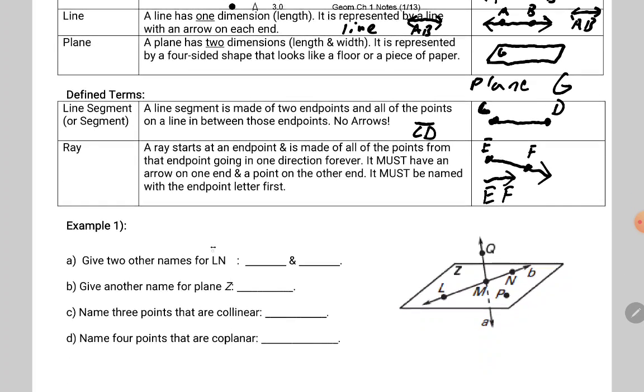When I converted this document, some of the symbols are off. If you see this really tiny arrowhead here, that's supposed to be above LN. Now I'll give 2 other names for line LN. We can use LN. We can use NL, so we can go backwards.